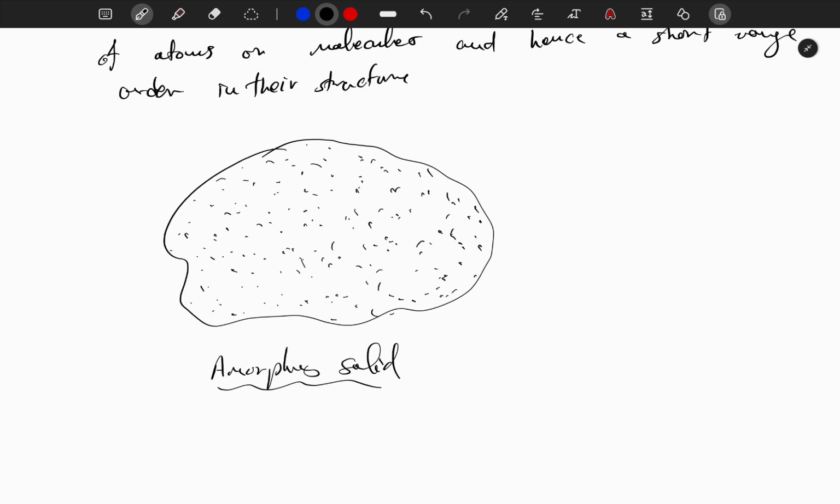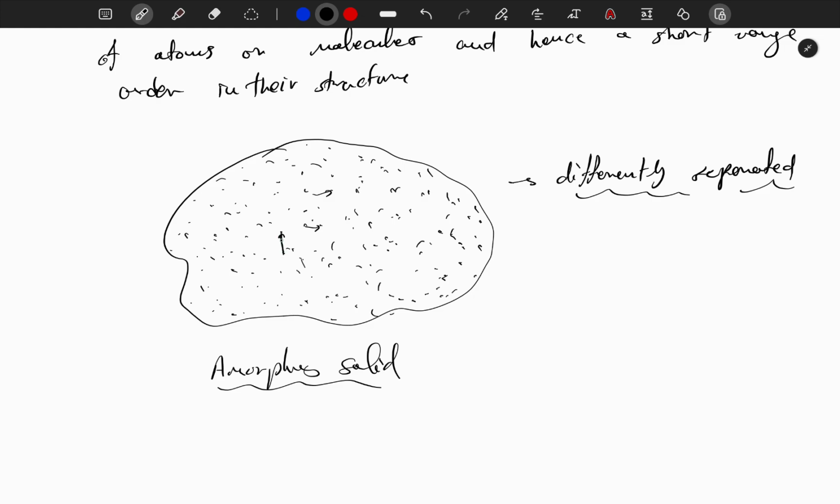Additionally, you can see that there are different separations between atoms or molecules. At all different points the atoms are differently separated. Also look at the orientation here.